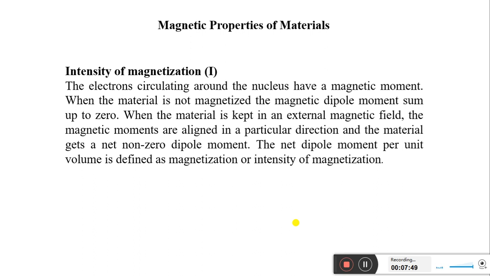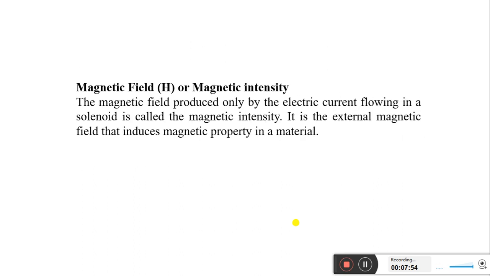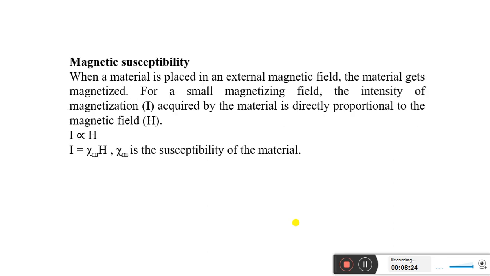The second property is magnetic field H or magnetic intensity. The magnetic field produced only by electric current flowing in a solenoid is called the magnetic intensity. It is the external magnetic field that induces a magnetic property in a material.